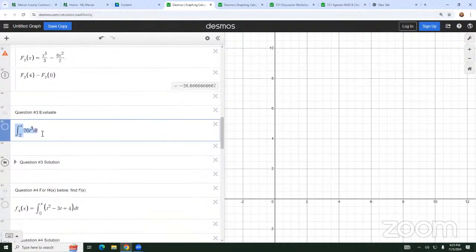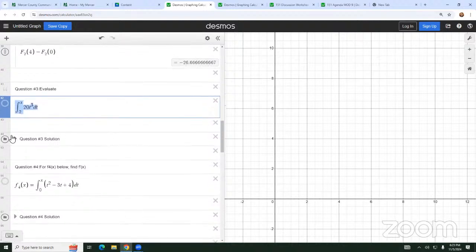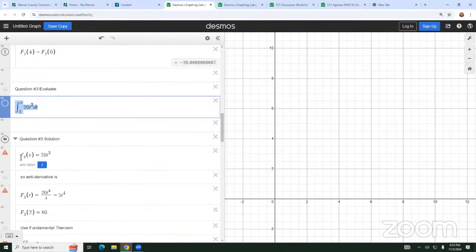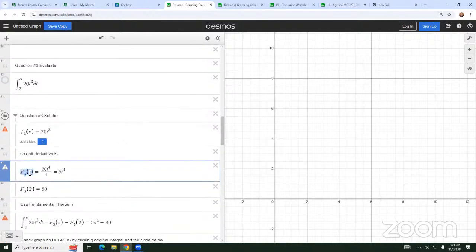This one right here, you can't put in Desmos. It's written exactly like that, but there's no answer. So in order to solve it, you have to find the antiderivative. You have to use the fundamental theorem by finding the antiderivative, which is the capital F. So it's 5t to the fourth. And then you have to plug in x on one side.